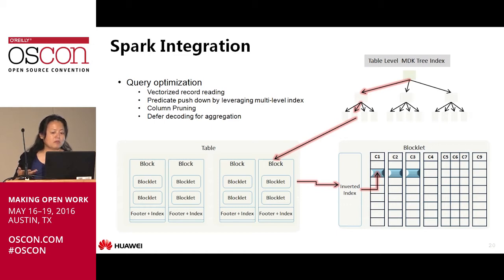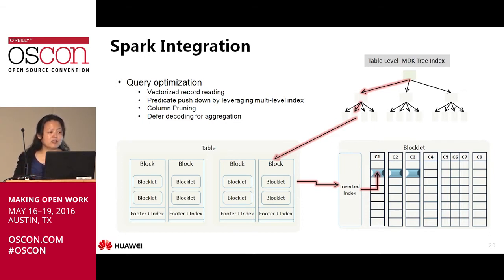This in-memory MDK tree index can be leveraged to identify the files you need to scan. Once you identify the files, by leveraging a file-level blocklet index, you can identify the blocklets within a file you need to scan.